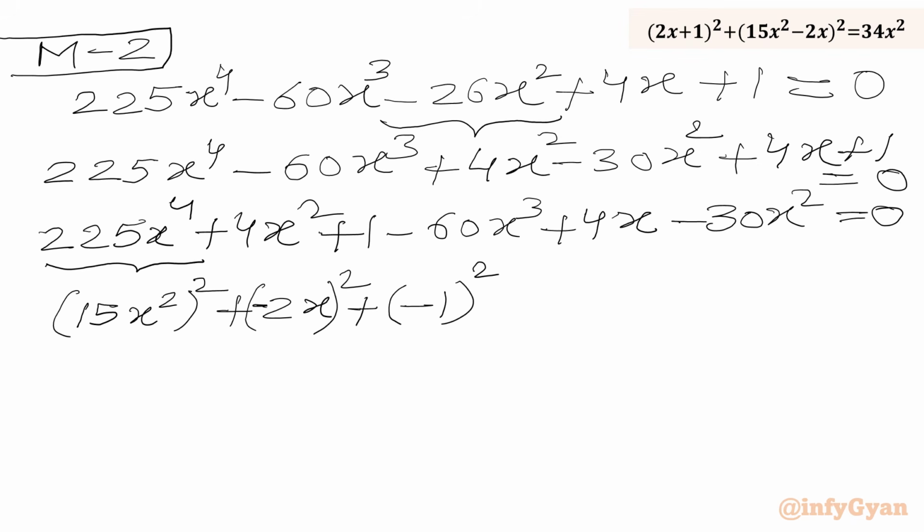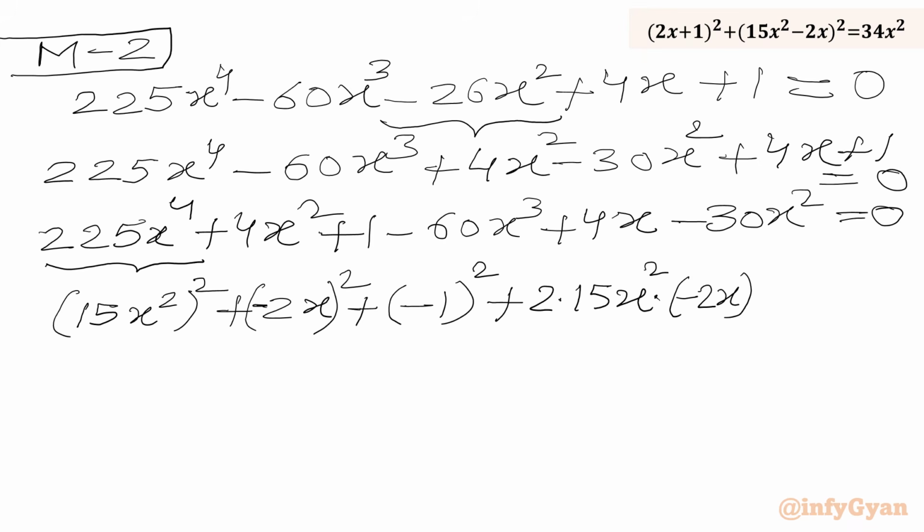Now we have minus 60x cube, which we will write plus 2 times 15x square times minus 2x. If we will multiply 2 times 15 times minus 2 is minus 60.